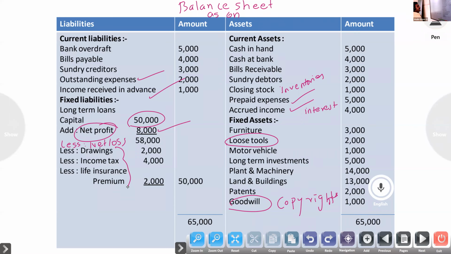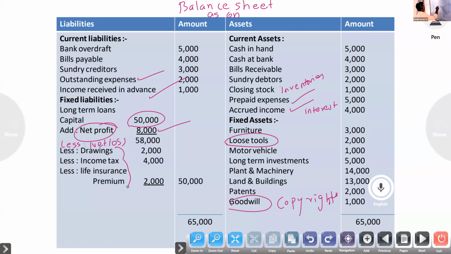Cash in hand, cash at bank, bills receivable, sundry debtors, closing stock, prepaid expense, accrued income. Furniture, motor vehicle, long-term investment, loose tools, plant and machinery, land and building, patent, copyright, goodwill. Next, liability side: bank overdraft, bills payable, sundry creditors, outstanding expenses, income received in advance, loans, capital.